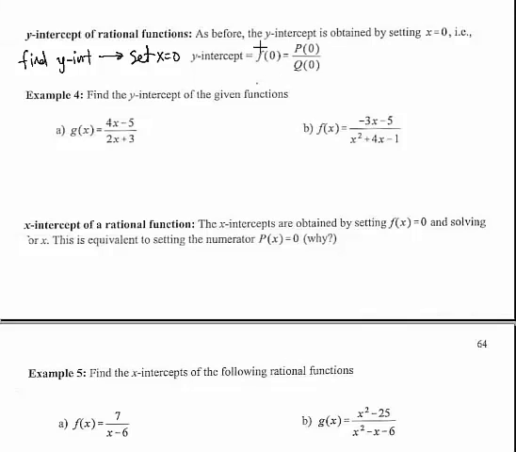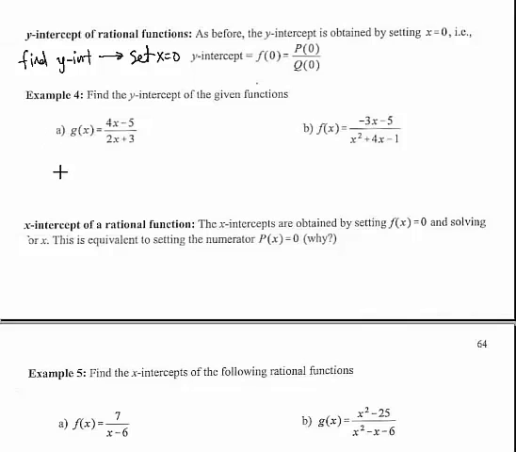We have a function f. What's its y-intercept? Well, we evaluate it at x equals 0, and therefore we have to put 0 in the polynomial on top and 0 in the polynomial on the bottom. It is possible for a rational function to not have a y-intercept.